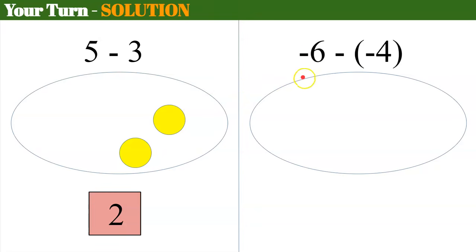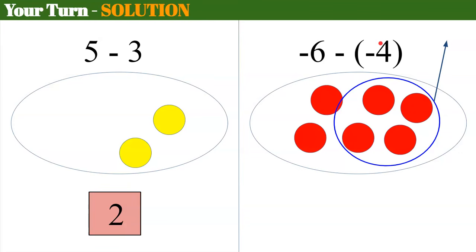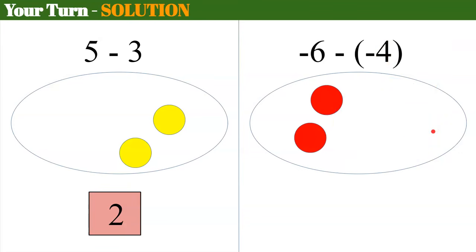Let's try the second one. I'm going to start with 6 negative integer chips on my mat, and I'm going to subtract or take away 4 negatives. I select 4 of my negative integer chips, and I remove them from my mat, and I'm left with 2 negative integer chips, for a difference of negative 2.